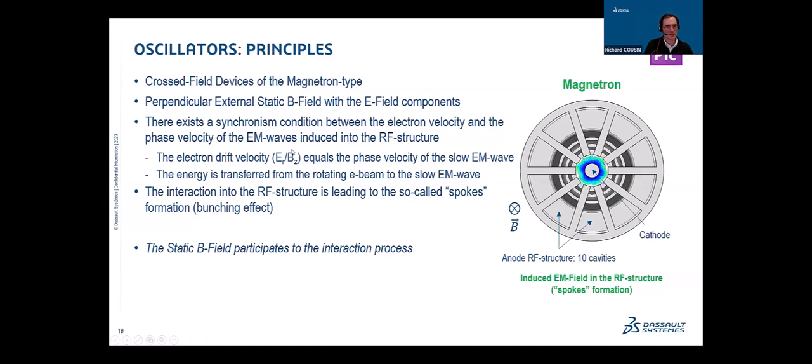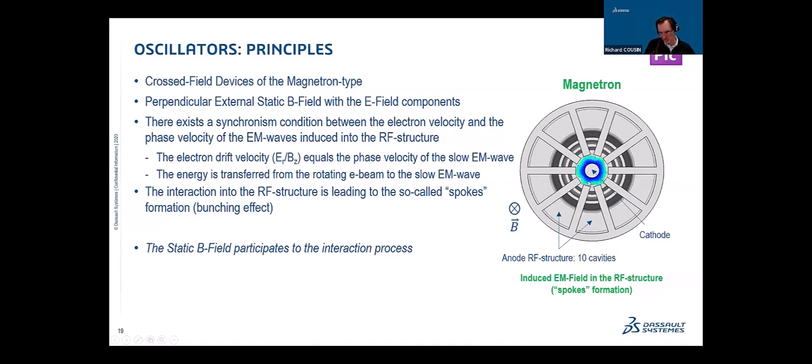The electron drift velocity is computed as the radial electric field divided by the magnetic field along the z-axis, which needs to be equal to the phase velocity of the slow electromagnetic wave. Then the energy is transferred from the rotating e-beam to the slow electromagnetic waves.